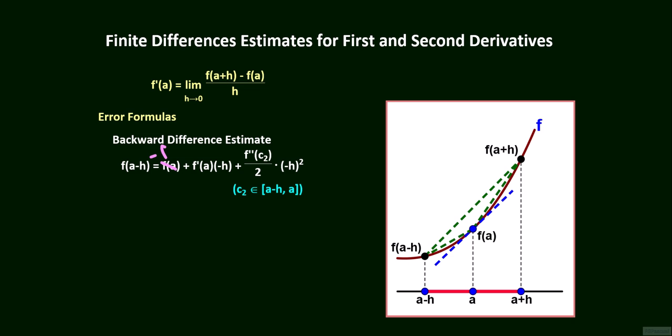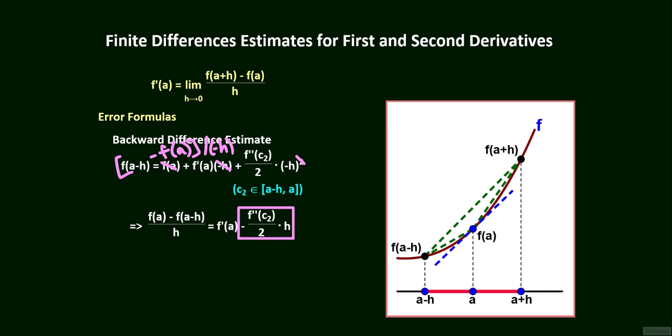We subtract f of a from both sides. Then divide by minus h. To get the backward difference estimate, f of a minus f of a minus h divided by h equals f prime of a minus f double prime of c sub 2 divided by 2 times h. Therefore, the error for the backward difference estimate for f prime of a is also of order h.